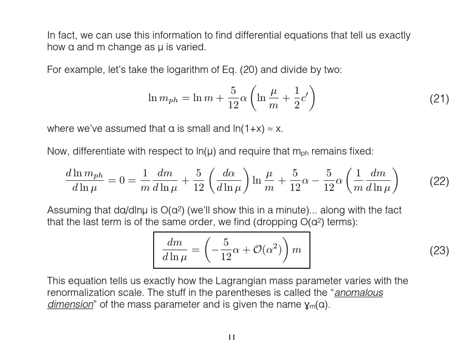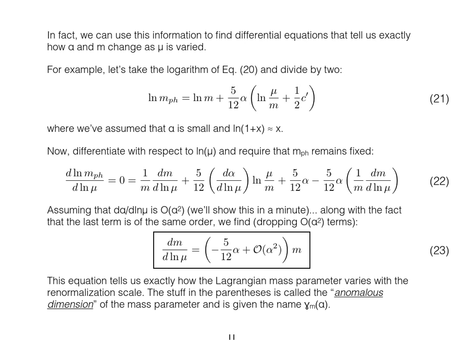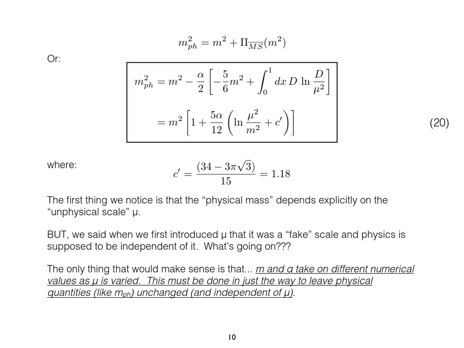Let's see if we can figure out what this dependence is. The first thing you want to do is take a natural log of both sides and divide by 2. So I'm taking the natural log of equation 20 and dividing by 2.